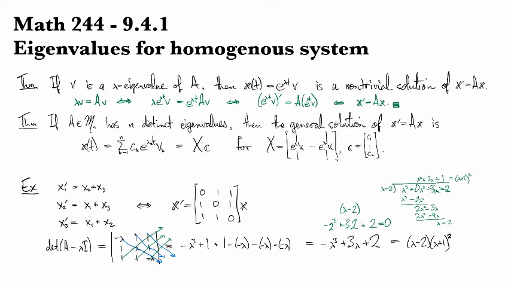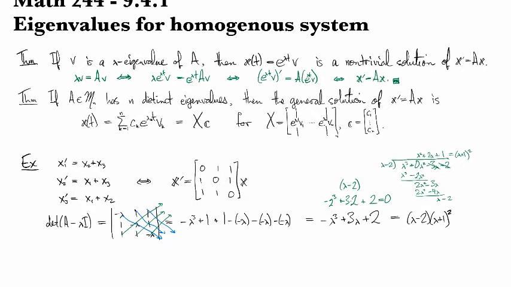Okay, so I've got my eigenvalues. Let's look for the eigenvectors. For lambda 1, which we'll take equal to 2, I look at A minus lambda 1 I, and it's minus 2, 1, 1, 1, minus 2, 1, 1, 1, minus 2. And row reduce this.